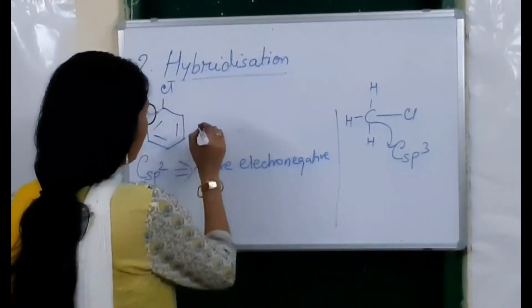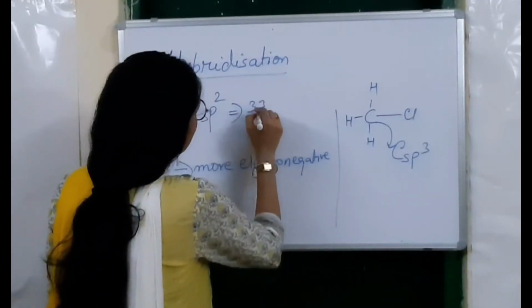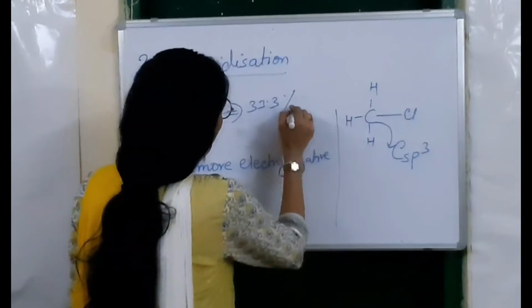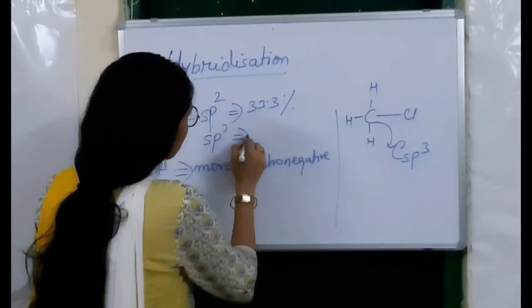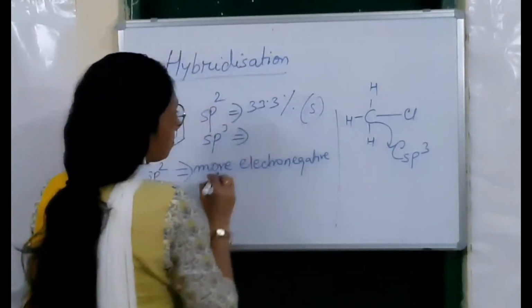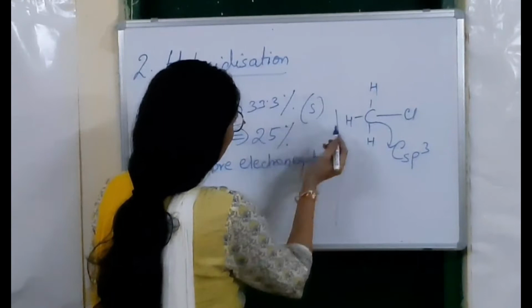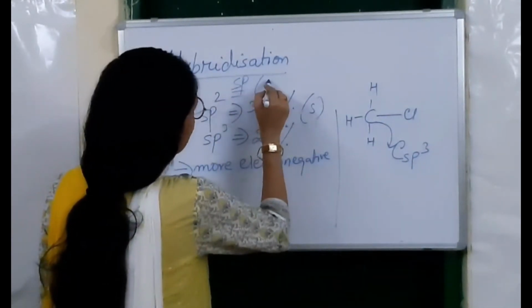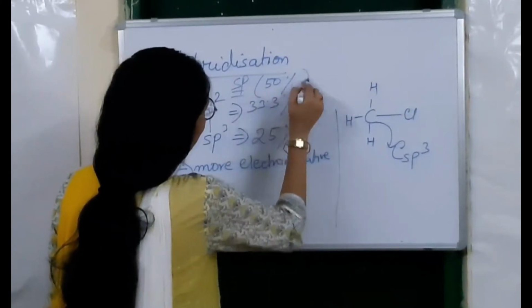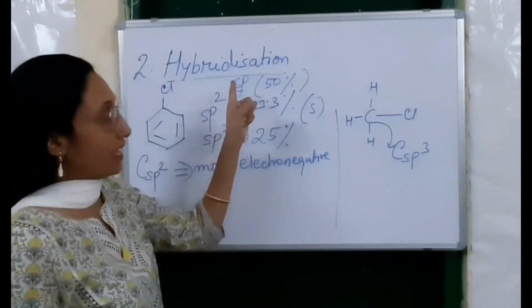In sp2 carbon, the s character is 33.3%, whereas in sp3 carbon, the s character is how much? It is 25%. And in sp carbon, the s character is 50%. So, sp carbon is the most electronegative.